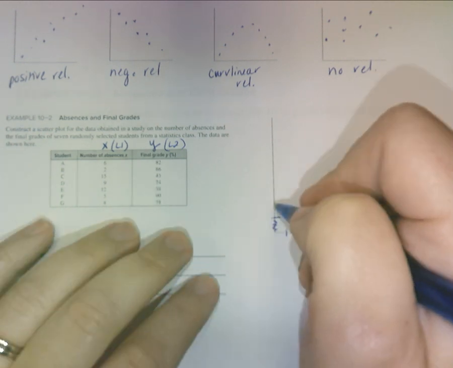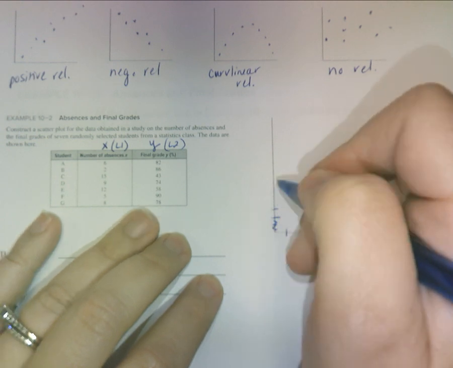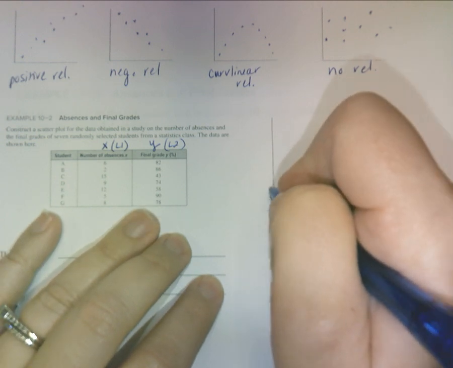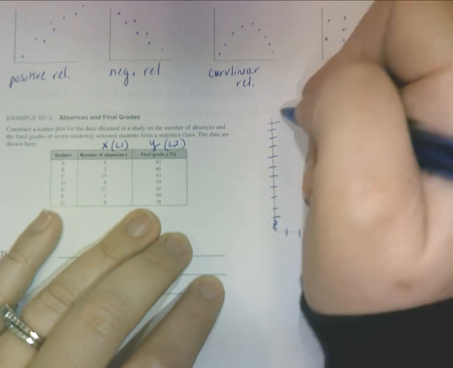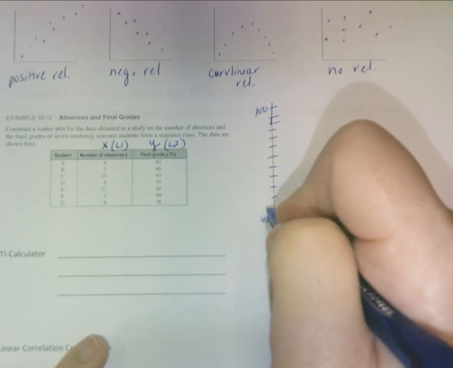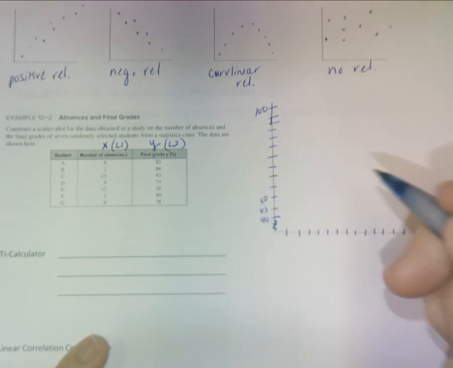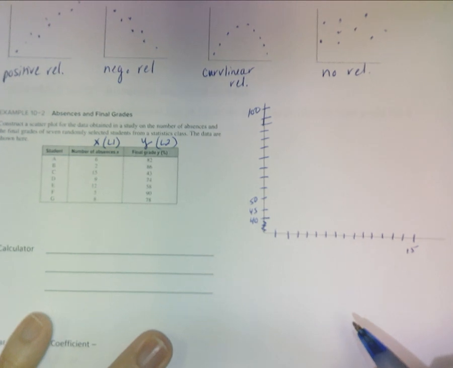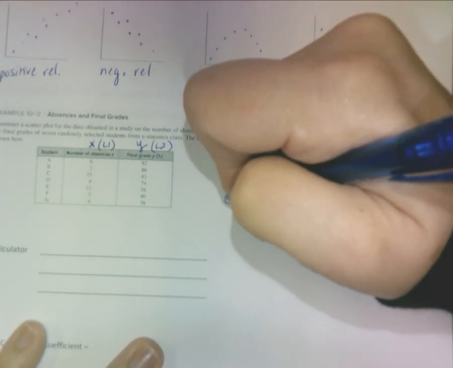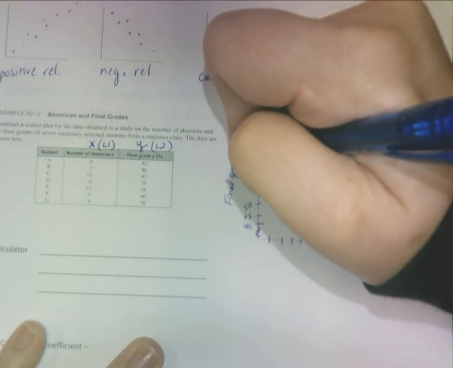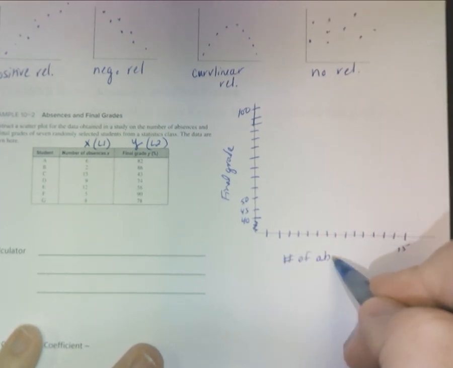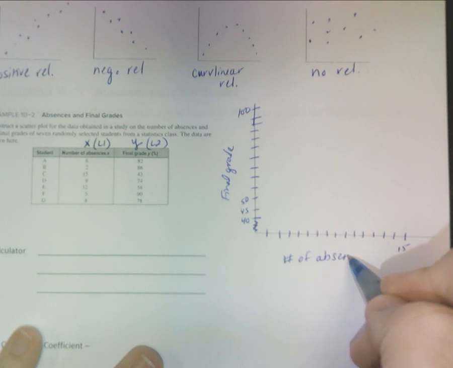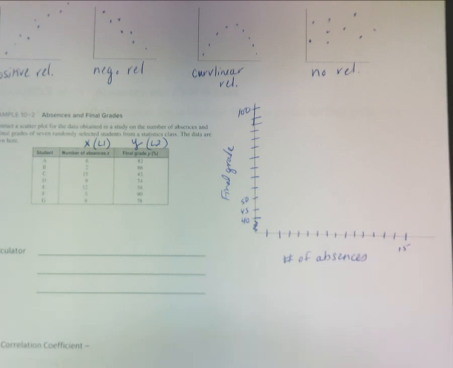Great. 40, 45, 50, 55, 60, 65, 70, 75, 80, 85, 90, 95, 100. And this would be your final grade. Again, if you're doing a correlation project, you're going to have to give me this beautiful graph here.